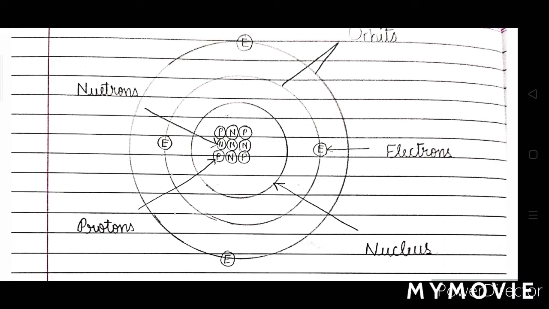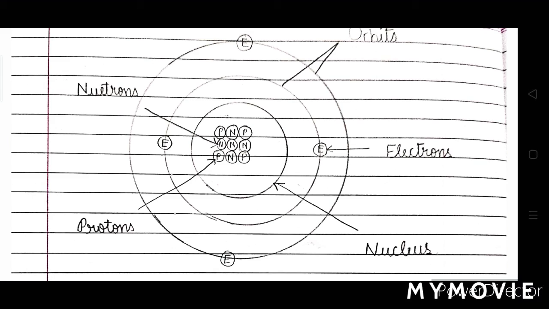Now you can see that outside the protons and neutrons there is one circle, and that circle is the nucleus. See, this one is the nucleus. You can see I have also put the arrow and the labeling.